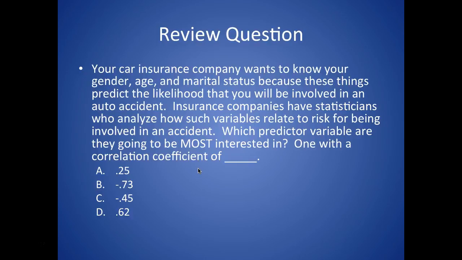Which correlation coefficient between your predictor variables and likelihood of an accident would you be most interested in? It turns out the one that would be the most predictive, have the strongest relationship would be 0.73, even though it's a negative 0.73.